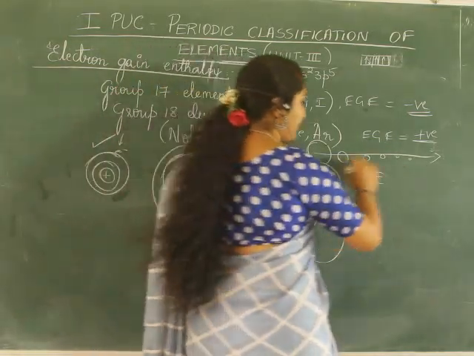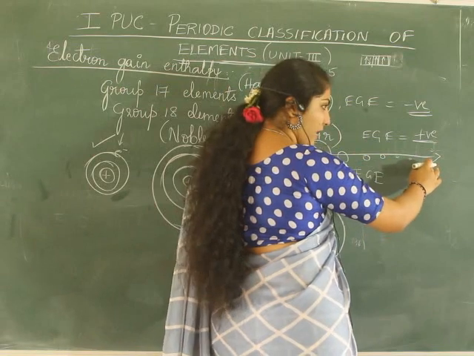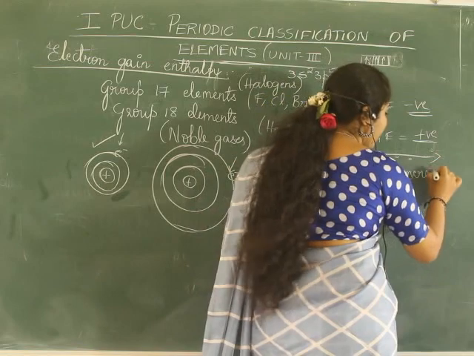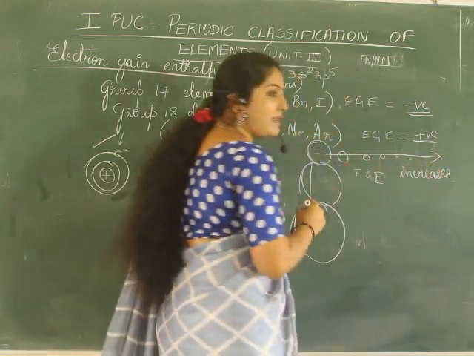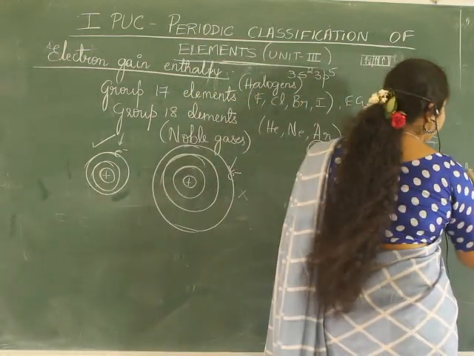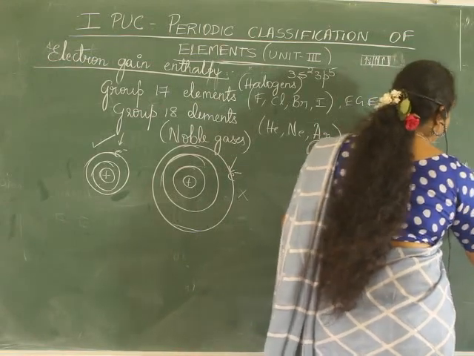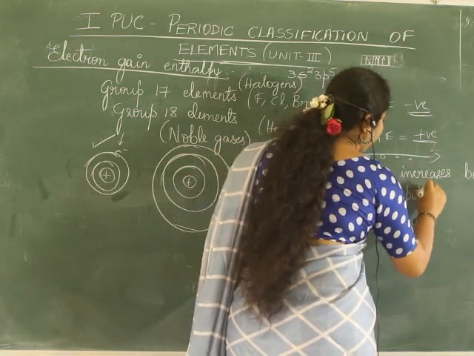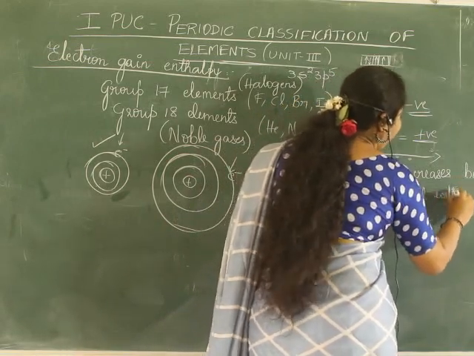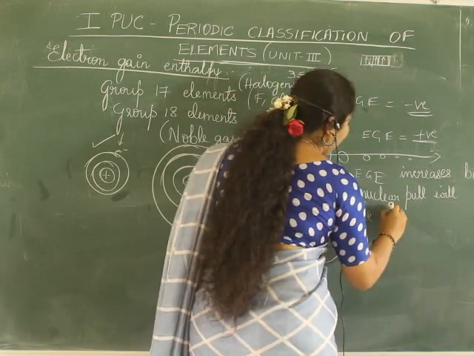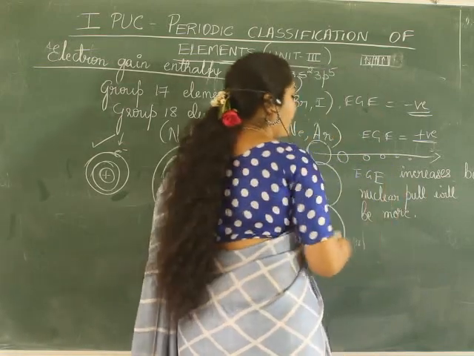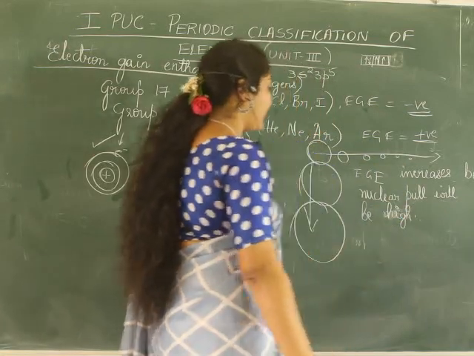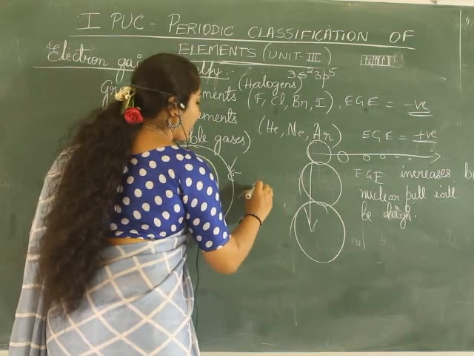So across a period, you will write the point: electron gain enthalpy increases. What will you write as the reason? Because nuclear pull will be more, or will increase. I'm just writing in simpler words. Same way, down the group, how will you explain?